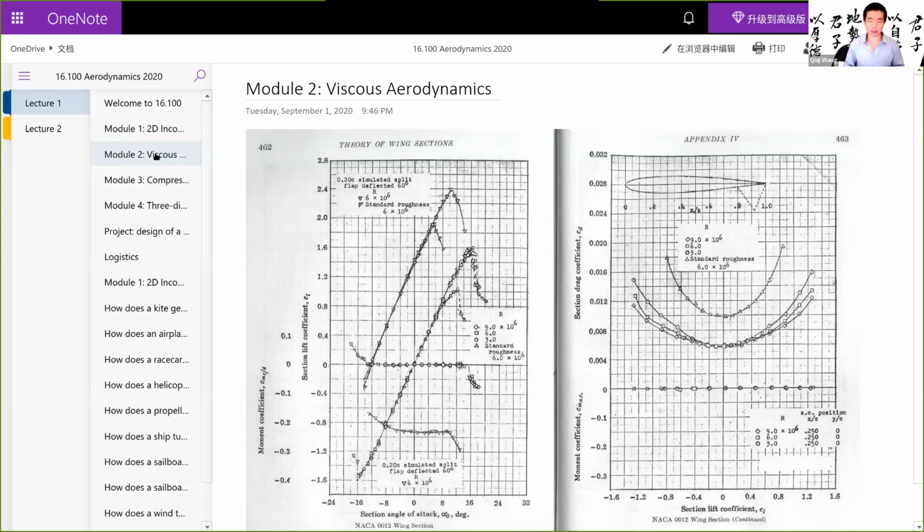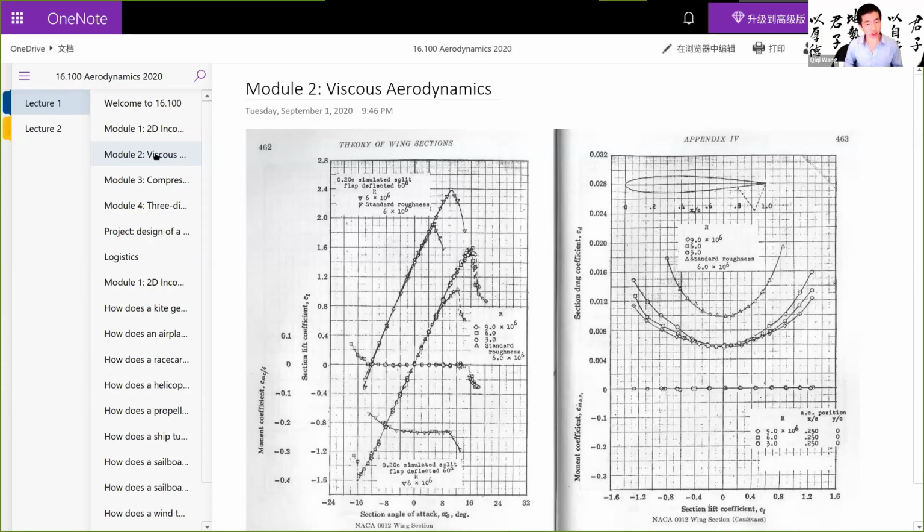We are completely missing the viscous effects inside the boundary layer, which is pretty much what's going to give you the drag on an airfoil. So going into viscous aerodynamics, we are going to be looking into what's happening within this thin boundary layer to start to explain the drag on an airfoil.